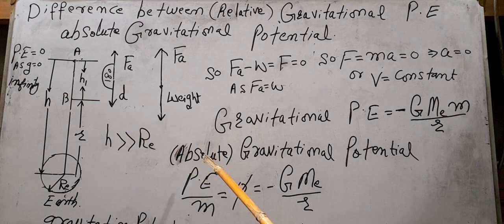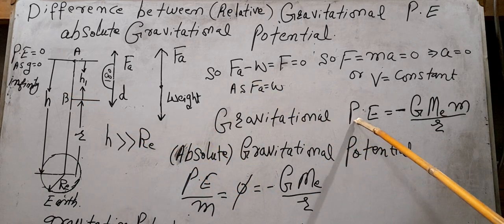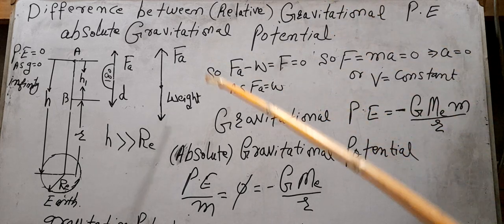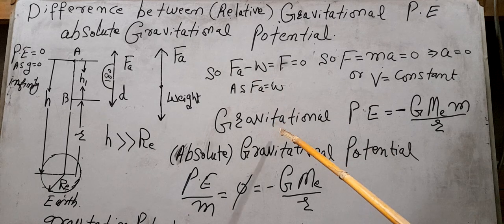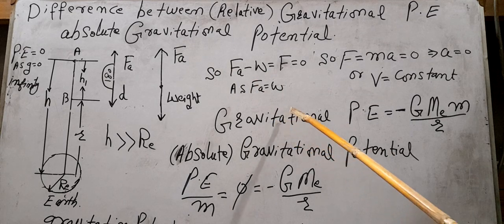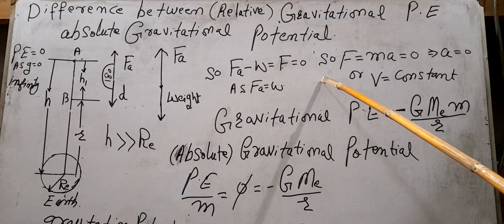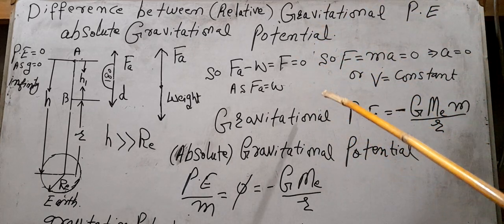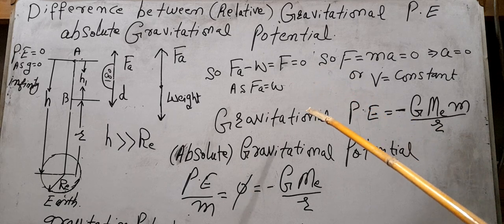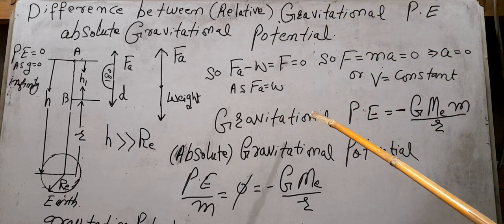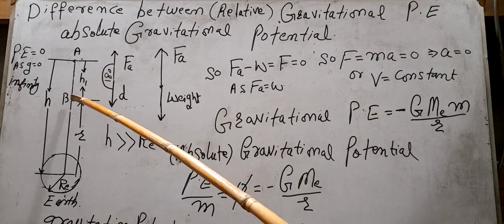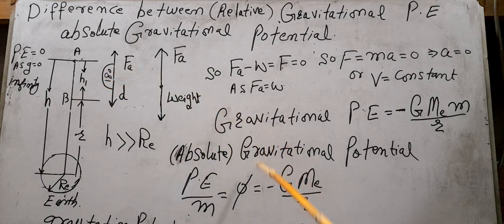In bringing this body from A to B, this work will be stored in the body as a negative potential energy of the body, not positive, because we are doing negative work on it. When we do positive work on the body in moving it from, for example, A to B, it will be stored in the body as a positive potential energy. But when we are doing negative work on the body in moving it from A to B, it will be stored in the body as a negative potential energy.